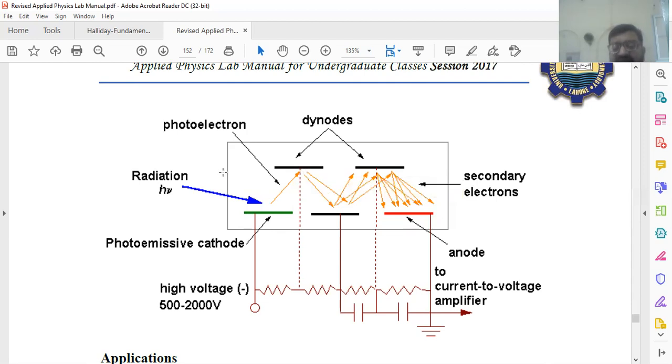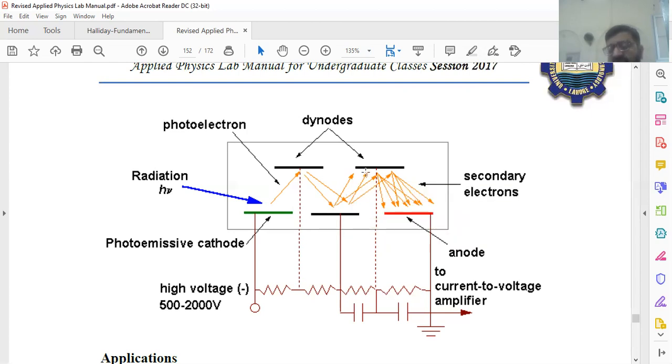So this process is now secondary emission, not photon emission anymore. The photoelectric effect occurs only at the start of the circuit. After that, there is only secondary emission. The next anode is at a higher potential than the previous one, so it will further accelerate the electrons. Suppose two electrons strike this anode right now, they will produce four electrons further.